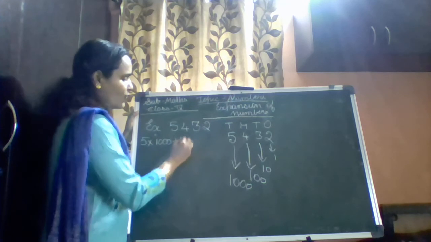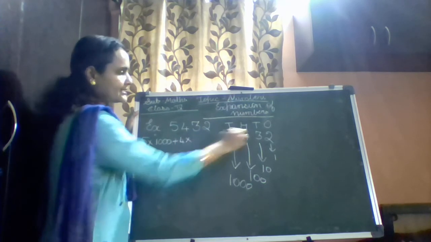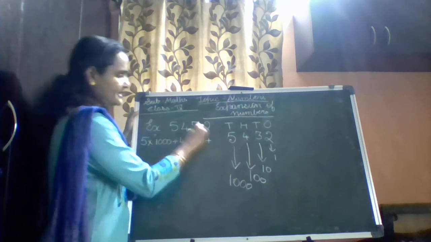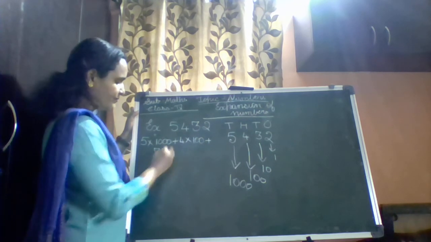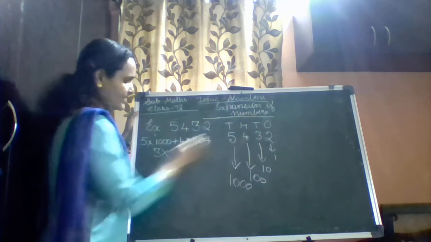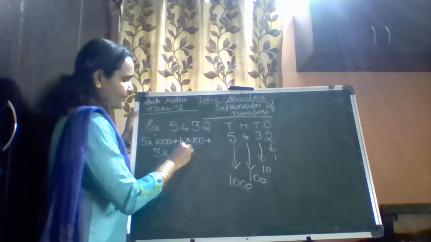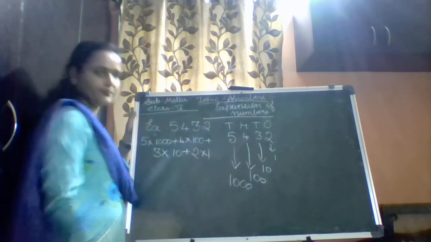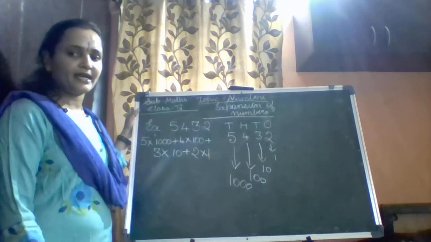Plus 4 into 100, because 4 is in the 100 place. So 4 into 100 plus the next number is 3. 3 into 10, right? 3 is in the tens place. So 3 into 10 plus 2 is in the ones place. So 2 into 1. So this is how you expand the number.